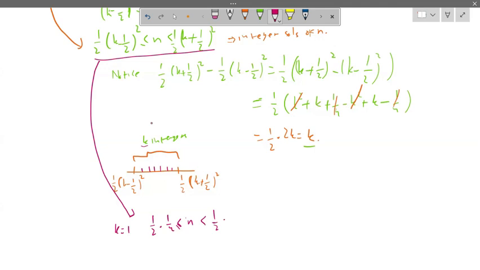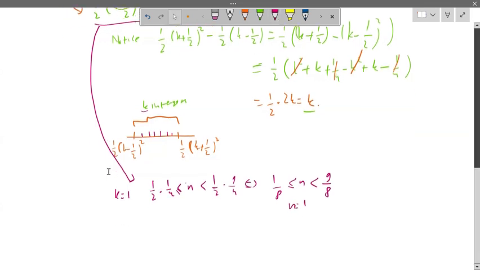Squaring it gives you 9/4. So n should be between 1/8 and 9/8. Now, there is only one integer between these two numbers, which is 1. So the only integer solution here is 1.